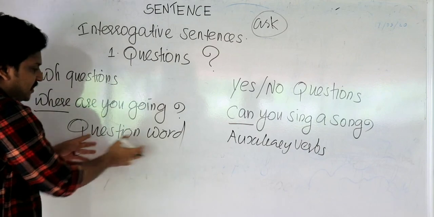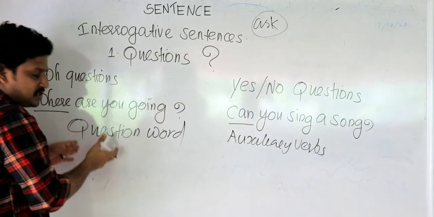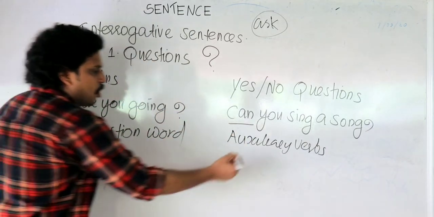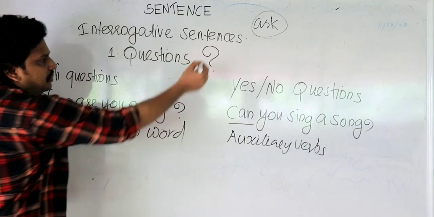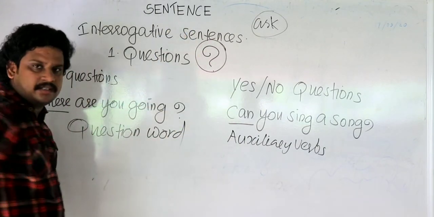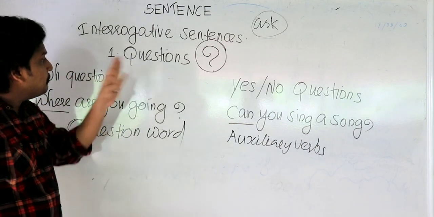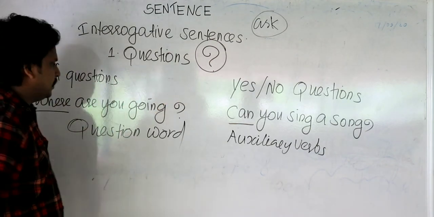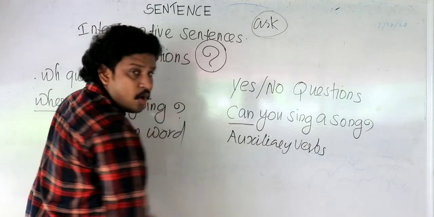Identification is very simple. It ends with a question mark. An assertive sentence ends with the full stop, but an interrogative sentence ends with the question mark. WH questions begin with the question words and yes or no questions begin with the auxiliary verbs.